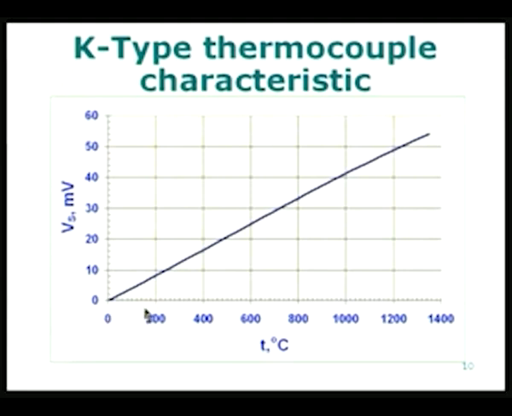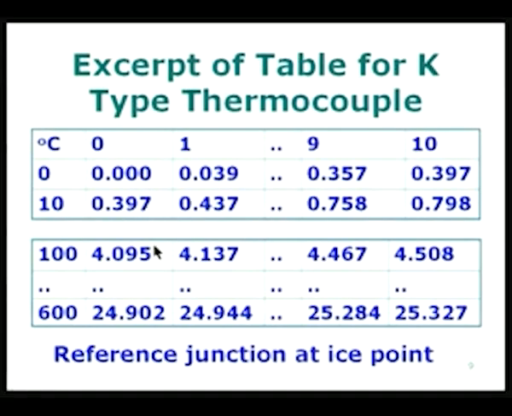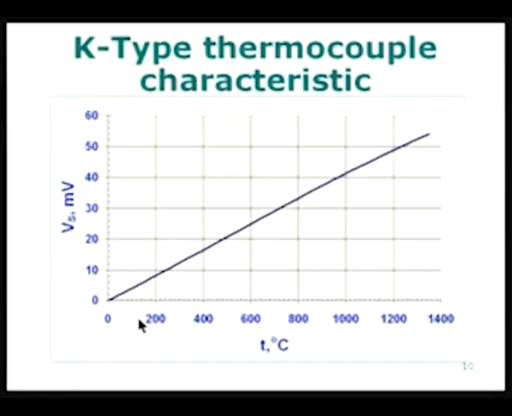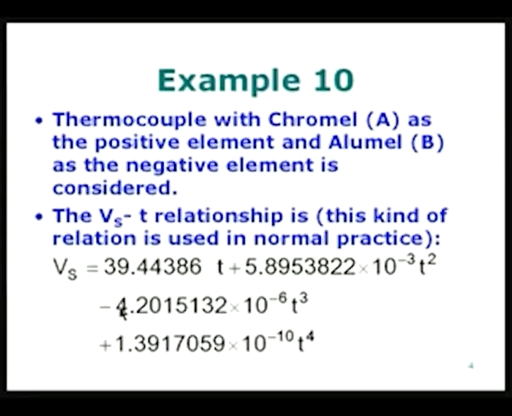The characteristic which is given here is the same as what is given in the form of the table. I have just made a plot of the same information. So, there are two ways of doing it. One is to give a table, then make a plot of Seebeck voltage versus temperature with the ice point as the reference junction, or I can represent the information in the form of a polynomial, which was given in example 10 earlier, Vs equal to something multiplied by t plus t squared plus t cube plus t to the power 4.